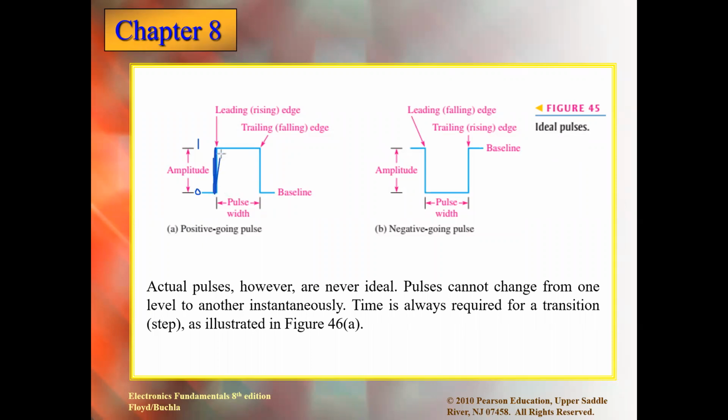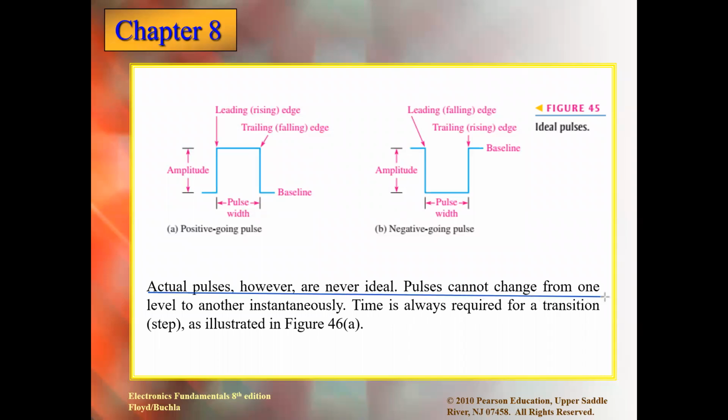That is, it should rise like this, then hold a constant value. Then after changing from 1 to 0, it should again take some time. This is like that. So this is showing the time, this duration, which is in the middle, called the transition time. It cannot be a sudden change. So actual pulses, however, are never ideal.